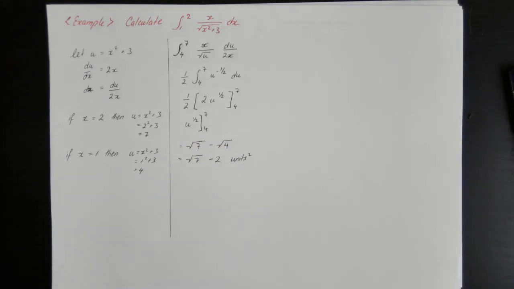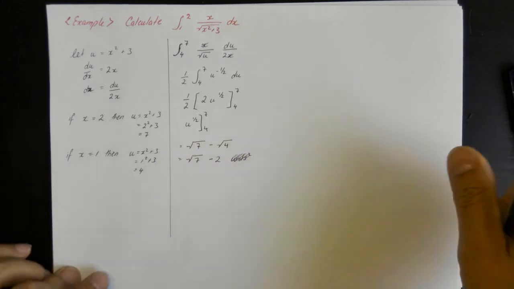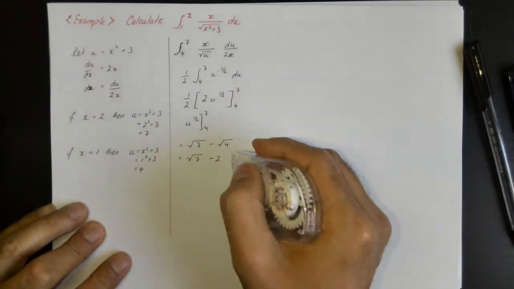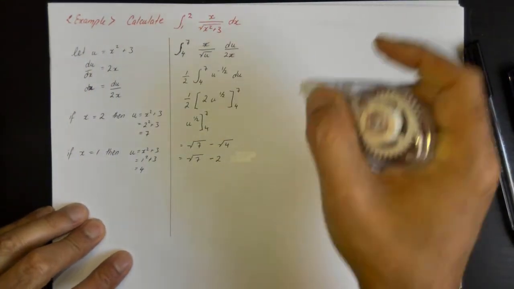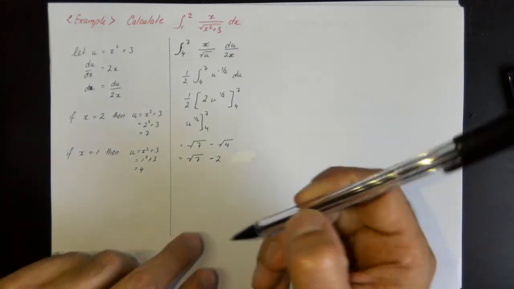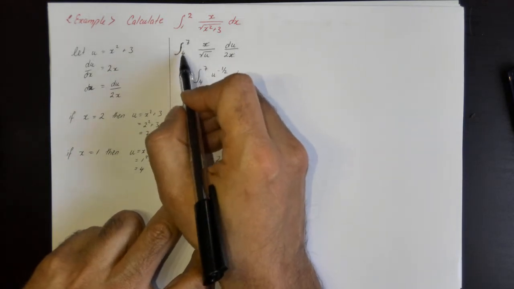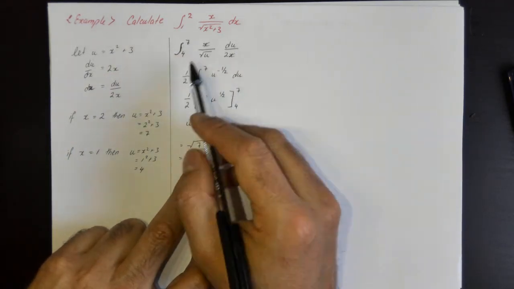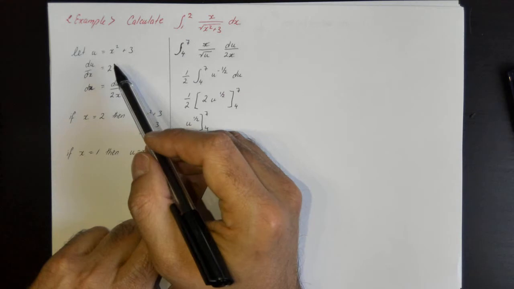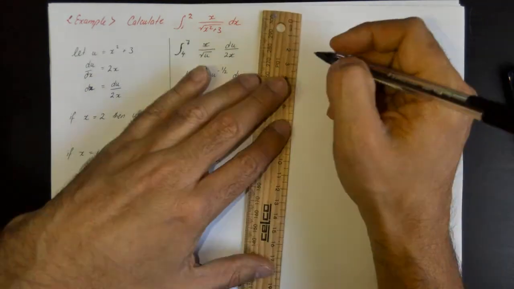Okay, and so there's the answer. Now what we could have done is used the substitution and left the points as they were, but we'd have to substitute back in and find the value.